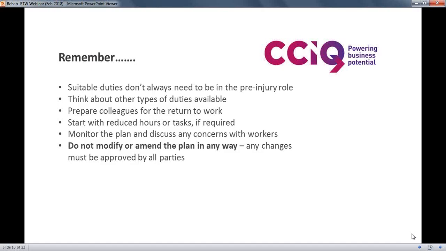That, coupled with the requirement for the person's doctor to agree to the suitable duties plan, and the employee to agree along with the employer, gives you a document that can't be modified or amended in any way unless all parties agree.